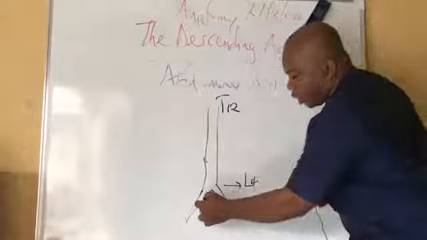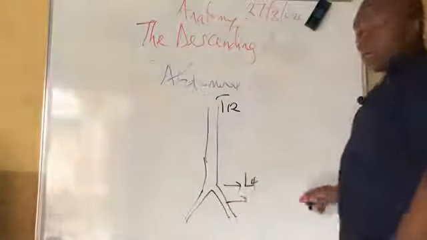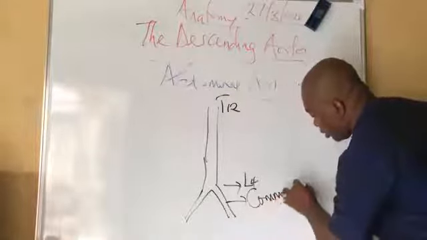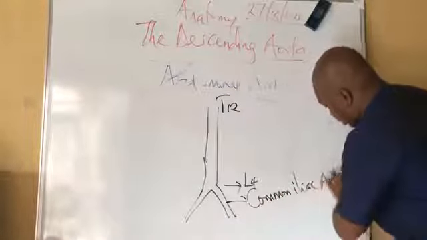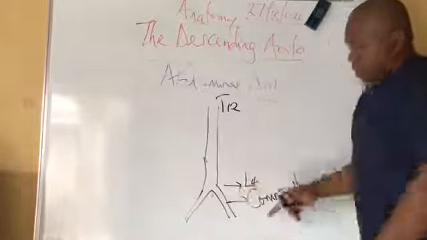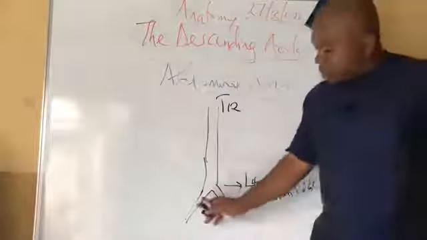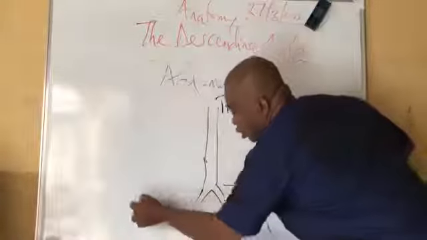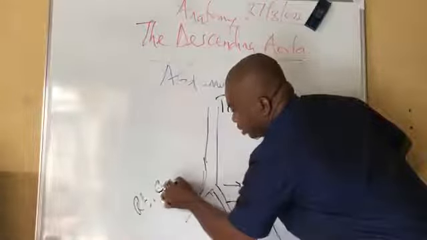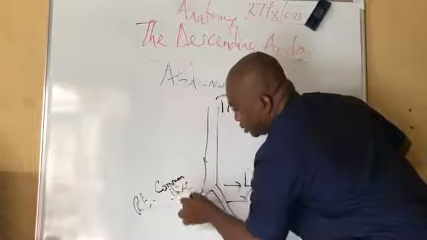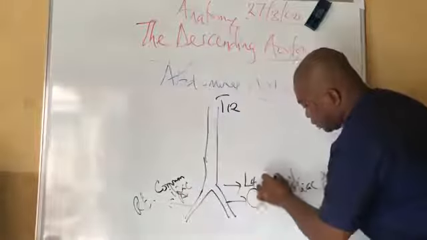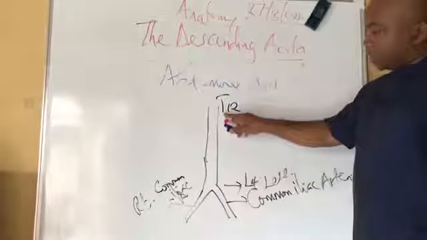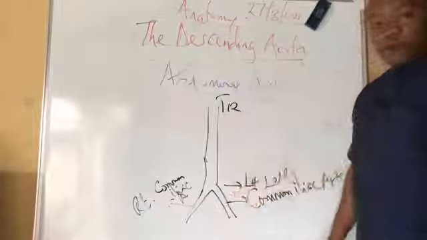At lumbar vertebra 4, it splits into two, and these two divisions are called the common iliac arteries. If I stay in anatomical position, this side is the right common iliac artery, while this side becomes the left common iliac. So look at the two landmarks, which are T12 and L4.